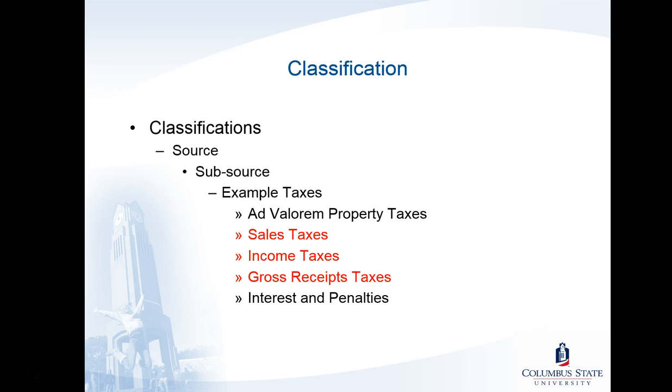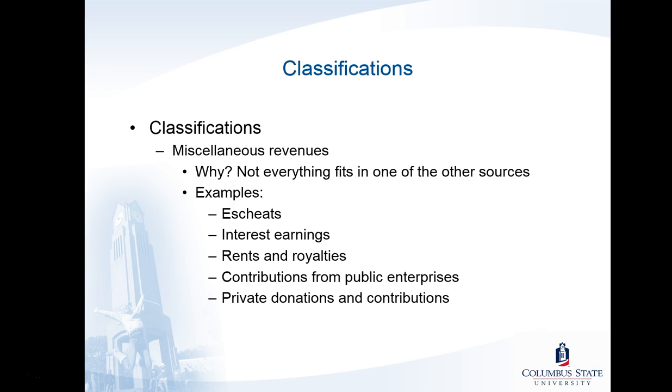So you can have a source, a subsource. So for example, you can have taxes. Under taxes, you can have ad valorem taxes, sales taxes, income taxes, gross receipts taxes, interest and penalties. So you can see how you can have continued drill down in the classification system.